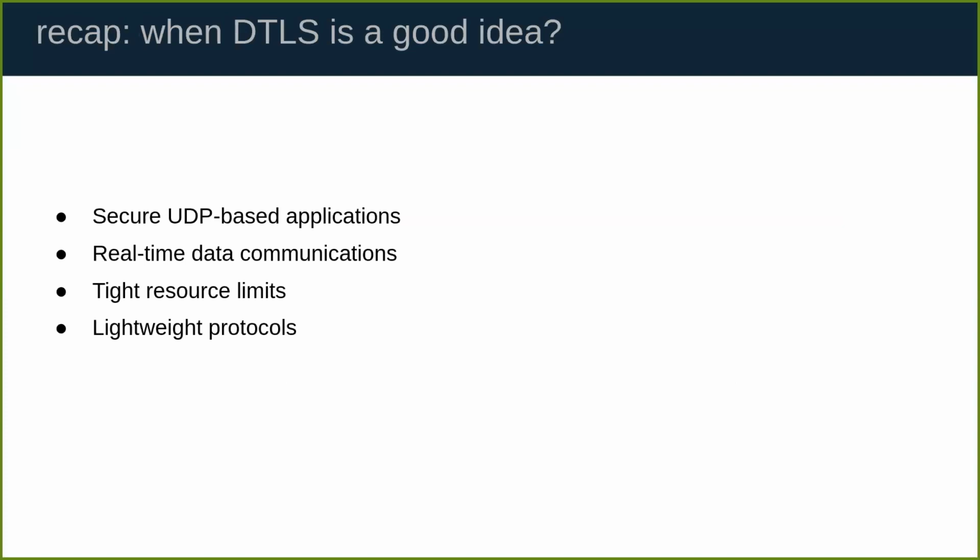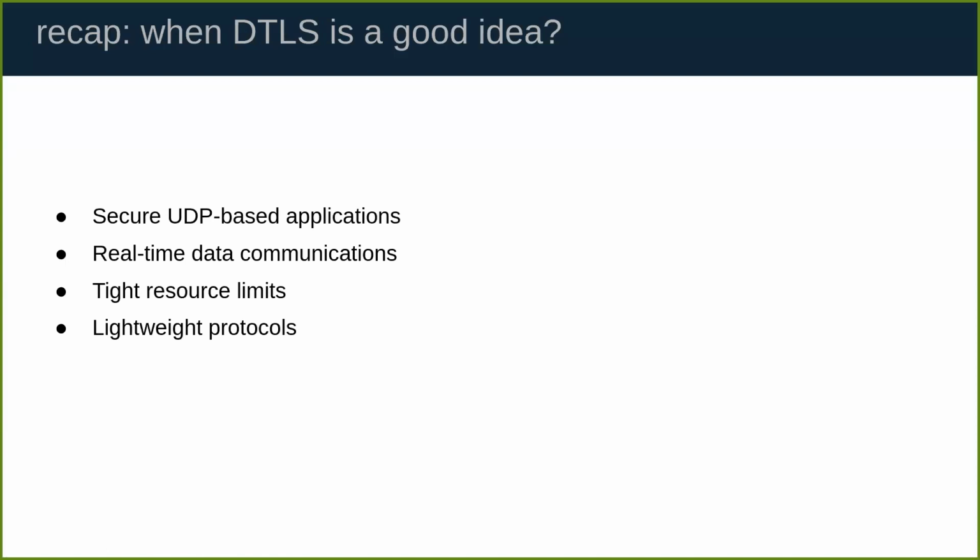So in what cases is DTLS a good idea? Securing UDP-based applications or other datagram protocols, real-time data communications, and when you have tight resource limits, such as tight limits on bandwidth or on-device memory. Using DTLS, you can scrap the TCP implementation, which is not a small protocol.